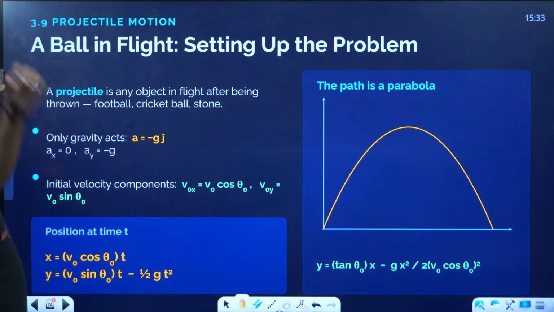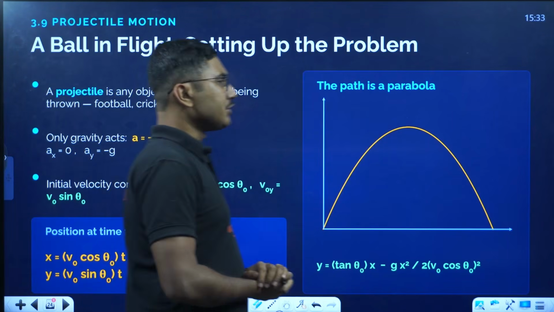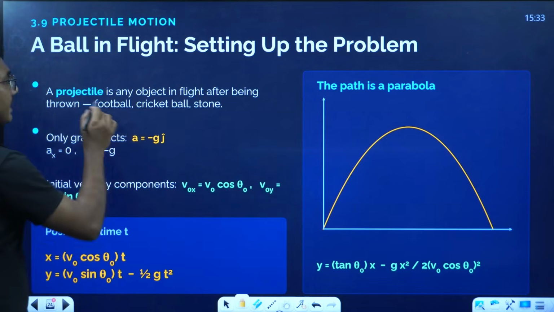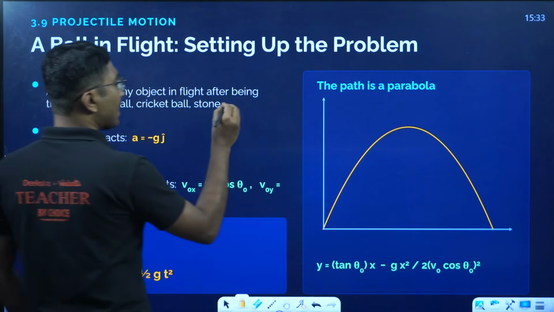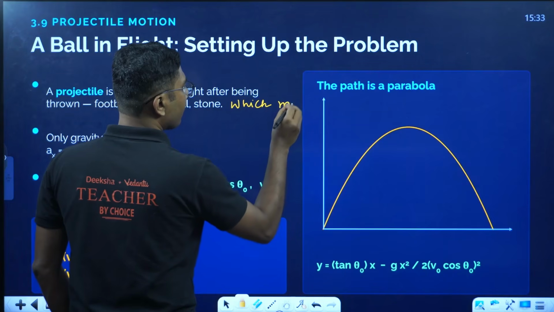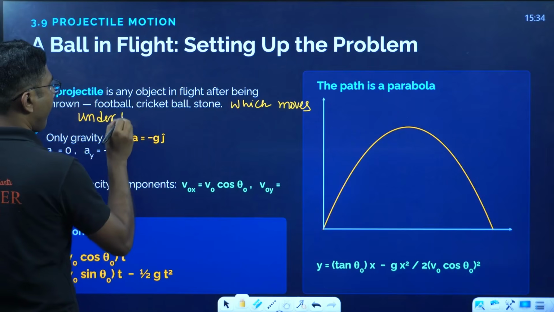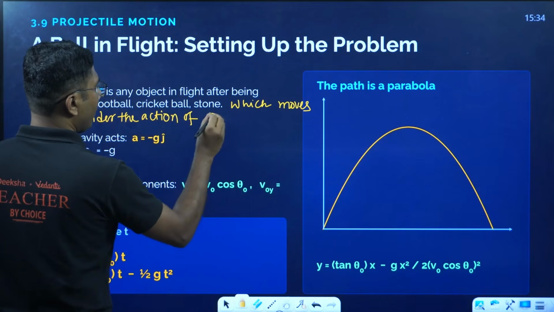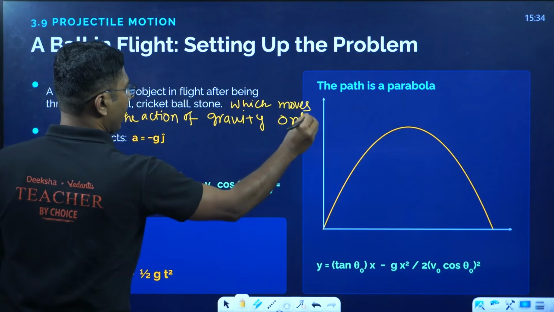Now we are going into another super duper application of two-dimensional motion, which is projectile motion. So what is projectile motion? A projectile is any object in flight after being thrown, like a football, cricket ball, or stone, which moves under the action of gravity only.